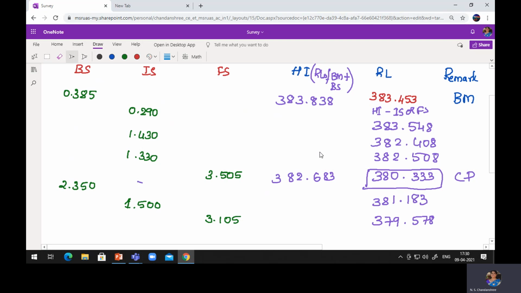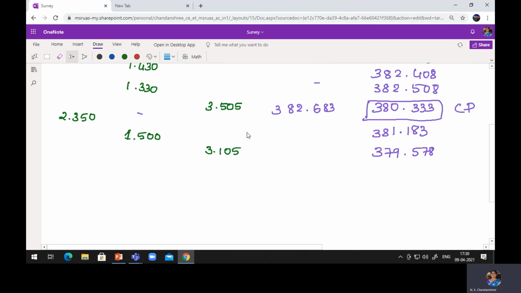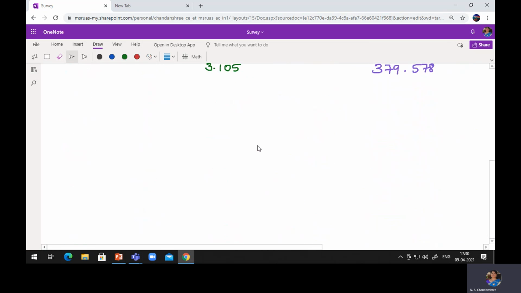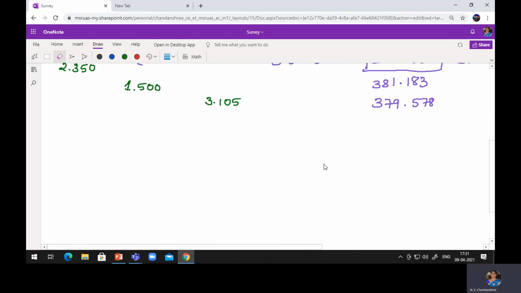Now the same thing, if we have to calculate using the other method, that is the rise and fall method, it would go like this. But before going to the next method, we would have to perform a check to see whether whatever we have done is correct or wrong. So check here.